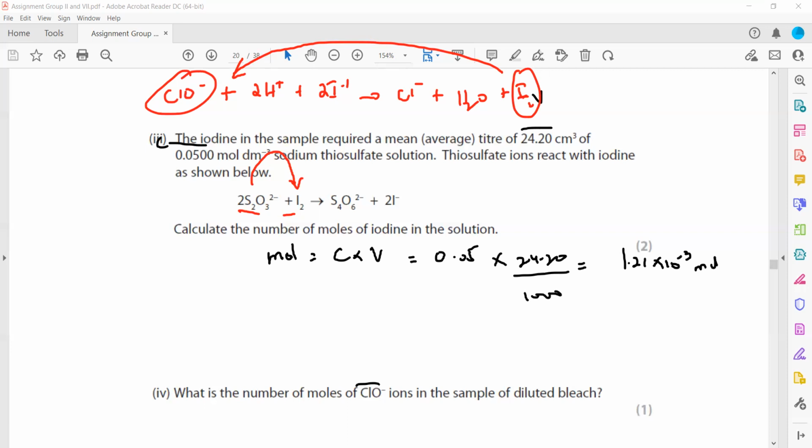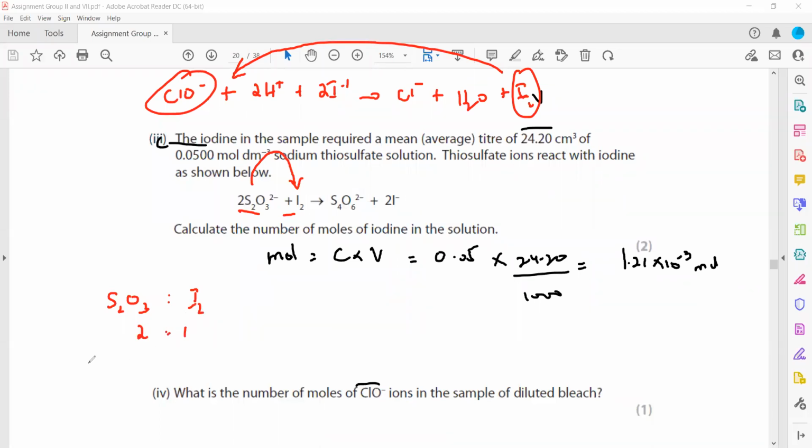So when we work out the ratio here, for thiosulfate, I'm using this space, thiosulfate to iodine, that is 2:1.